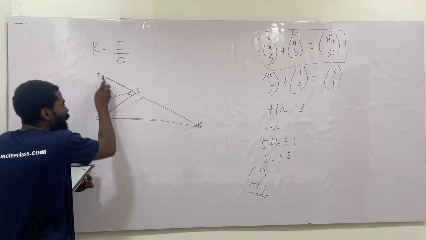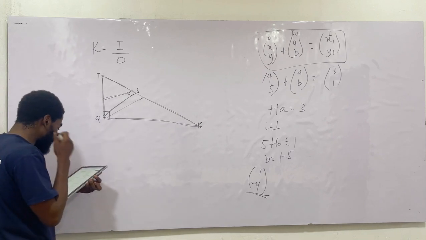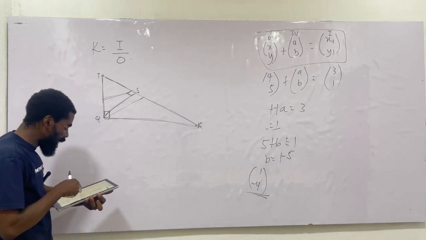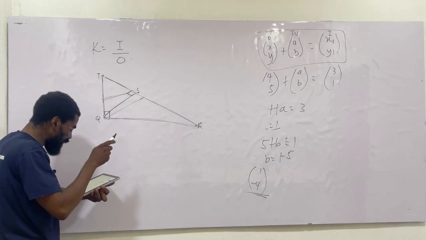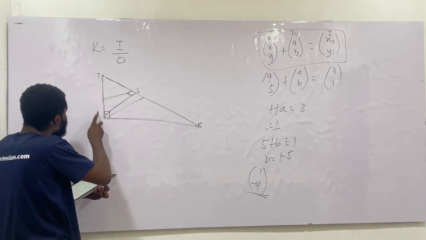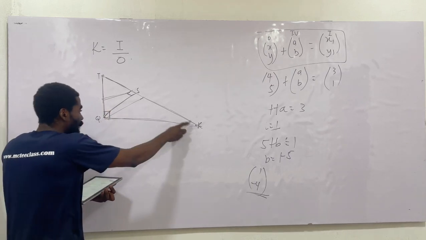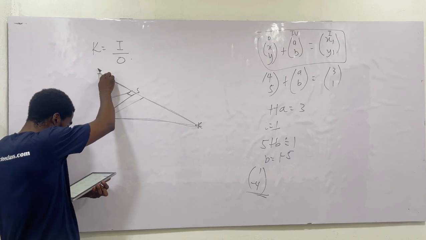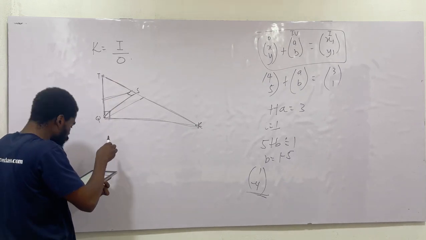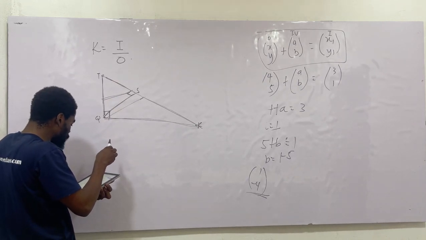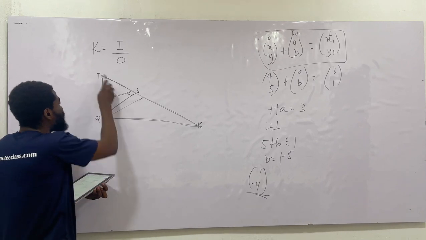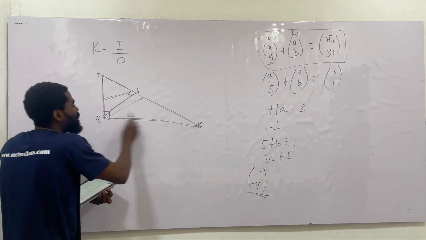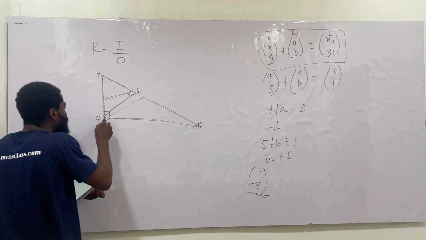Because this is the hypotenuse and that's the hypotenuse, so they correspond. Which side of the bigger triangle corresponds with QT? The answer should be TR.